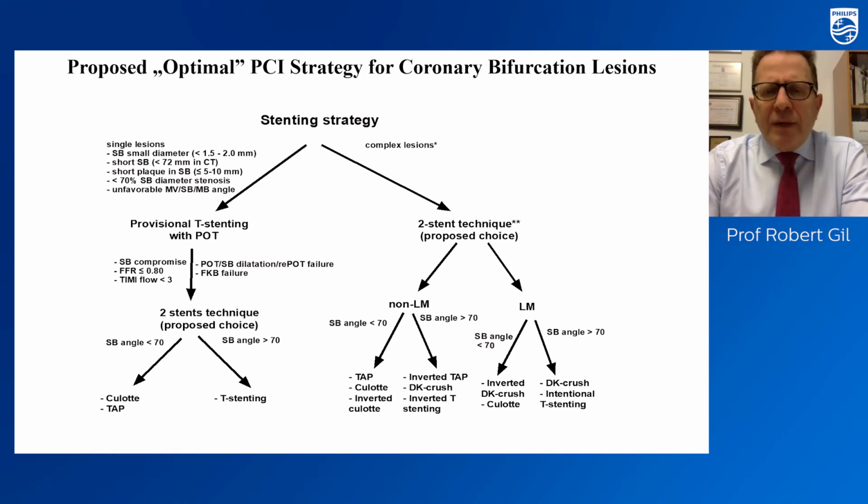Personally, I believe that meticulous analysis of this diagram can give you some options to increase or to facilitate your decisions for coronary bifurcation lesions. Thank you very much for your attention.